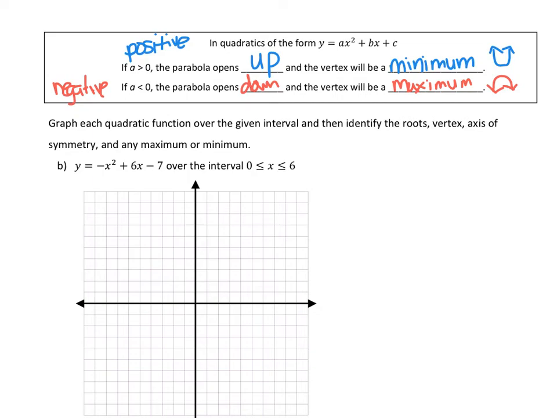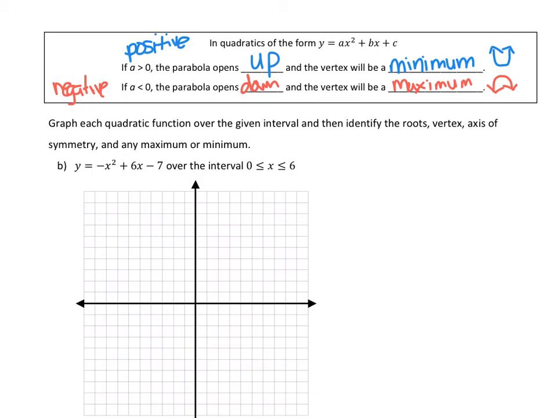For example, letter B. If we were to plug this into our graphing calculator, go to your y equals, clear out your previous function. We have negative x squared plus 6x minus 7. Go ahead and go to your table.